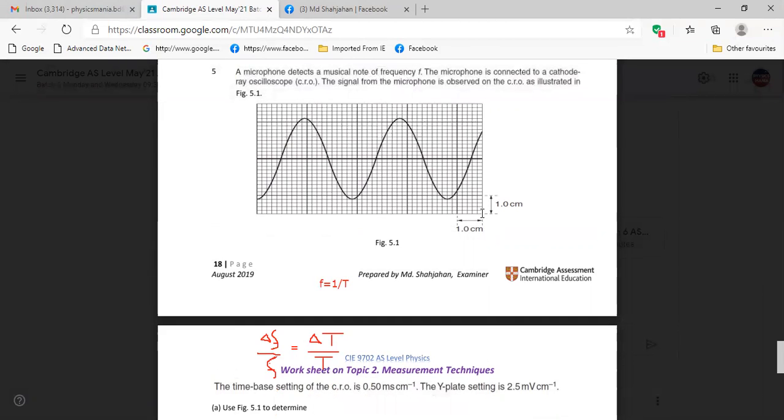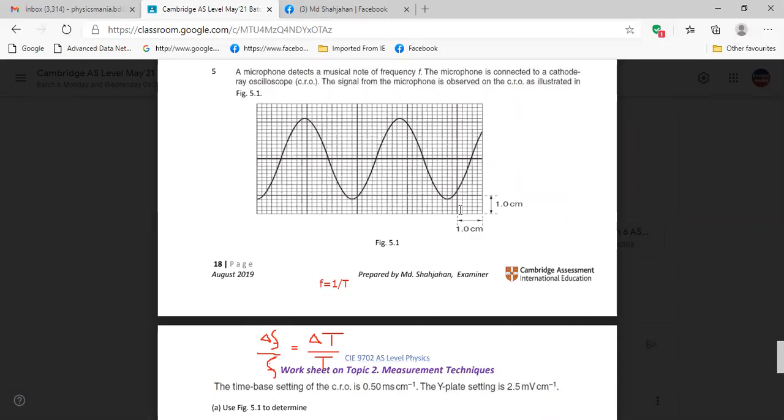Normally in a ruler the smallest scale is 0.1 centimeter, that is 1 millimeter. That is the uncertainty in the reading, right?